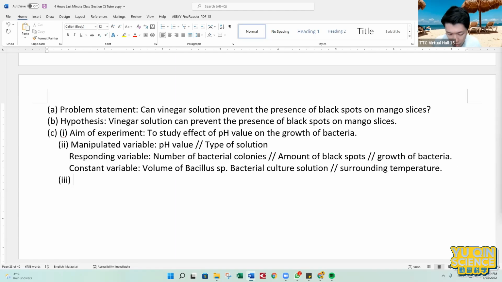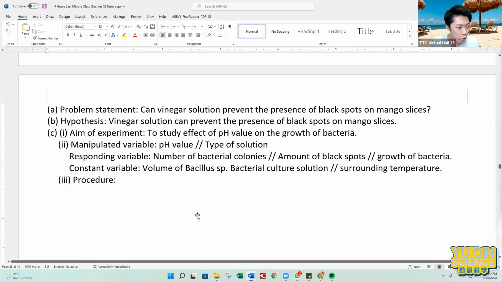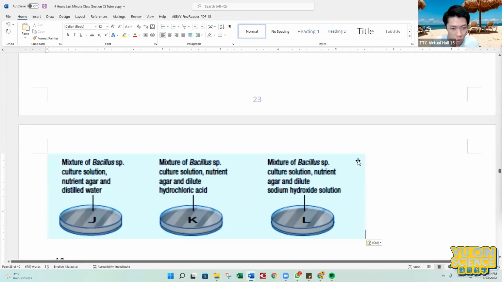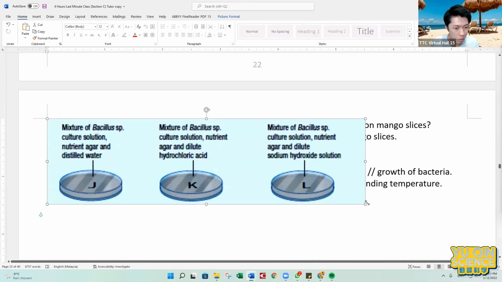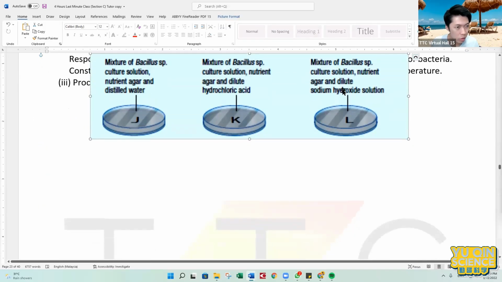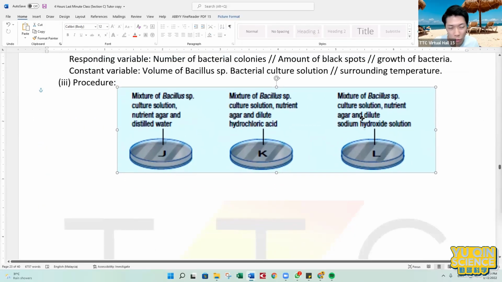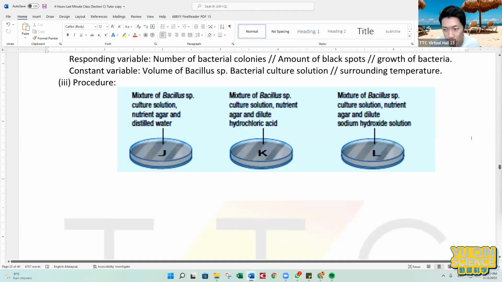Okay, for the procedure, you have to draw. To save time, I'm just going to quickly show you how. You don't have to draw, don't waste time.